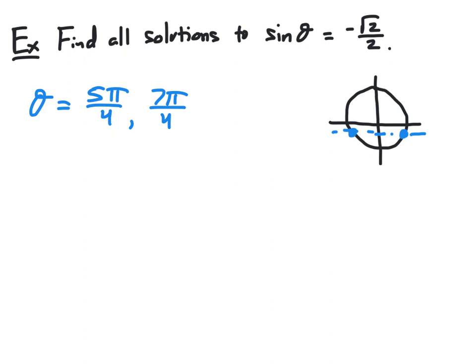Now to get all the solutions, we need to add on all multiples of the period of sine of theta to each of these. We know the period for sine theta is 2 pi, so we need to add on all multiples of 2 pi to both of these solutions.